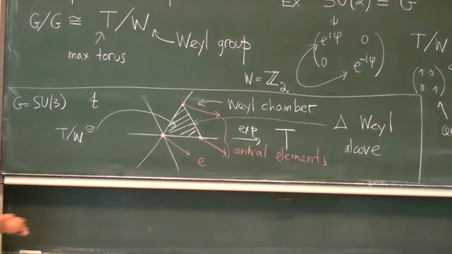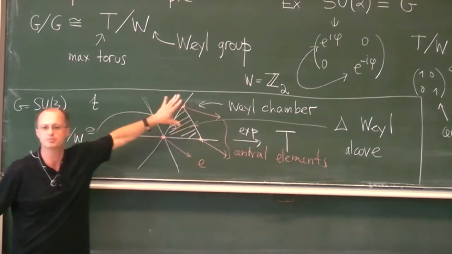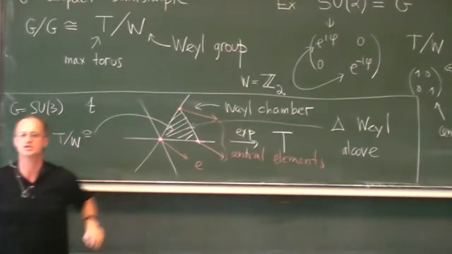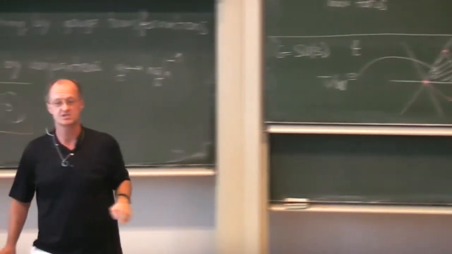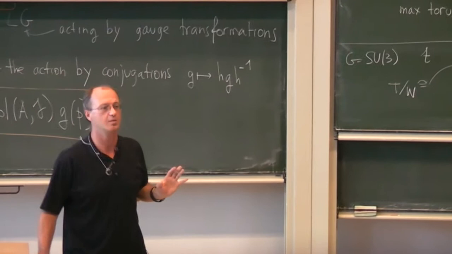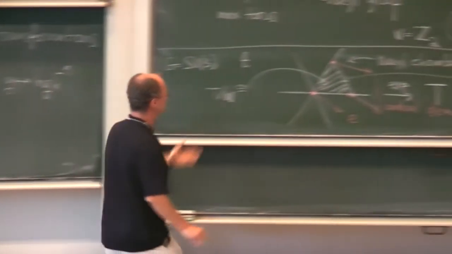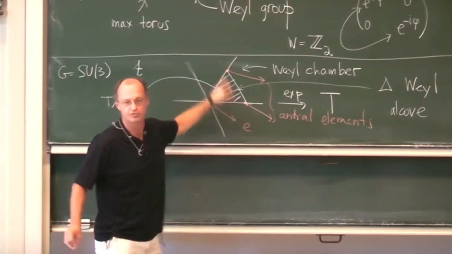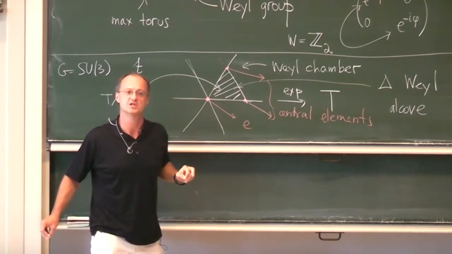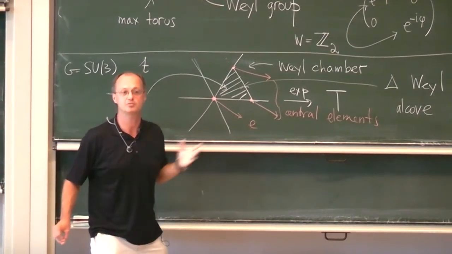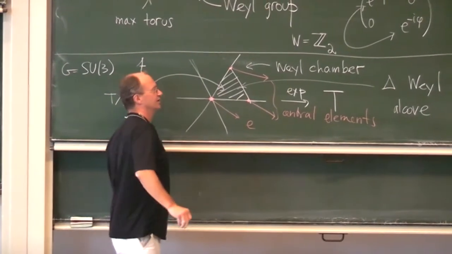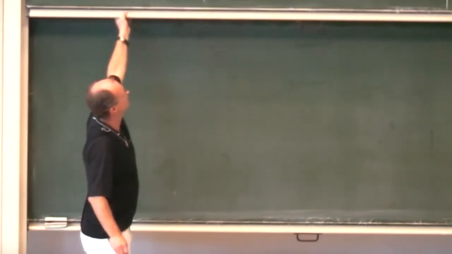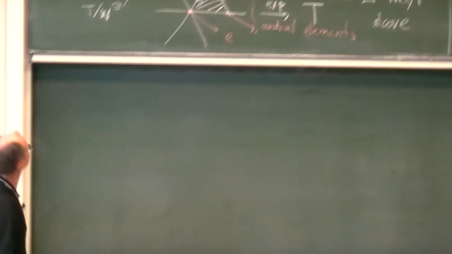For all SU(N), this would always be a simplex with vertices being the preimages of the central elements. For other compact simple Lie groups, it's going to be more complicated. It's always going to be a simplex, but not all the vertices will be preimages of central elements, just because there are not enough central elements in other compact semi-simple Lie groups.